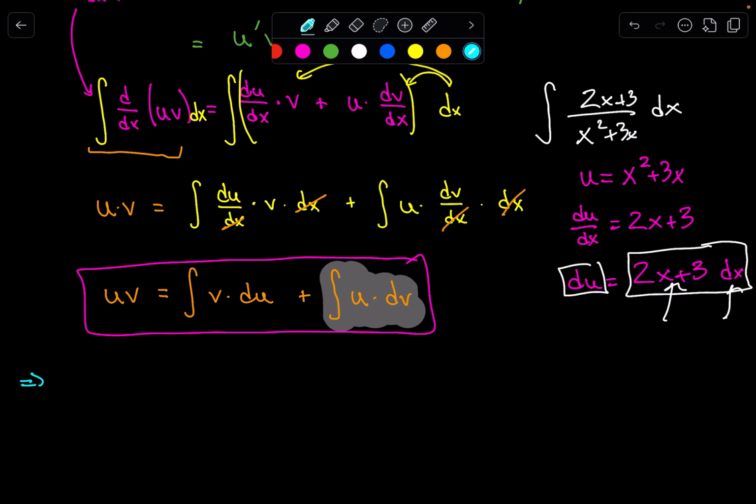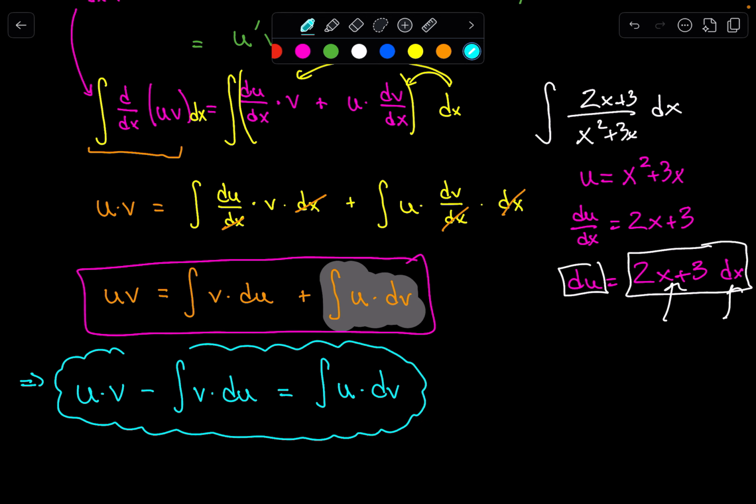So I'm going to write on the left side that we're going to have u times v minus the integral of v times du is equal to the integral of u times dv. And this thing, I'll put my little squiggly line around it. This right here is just our formula for doing what's called integration by parts.